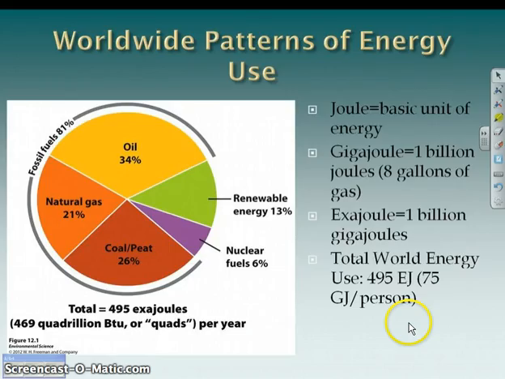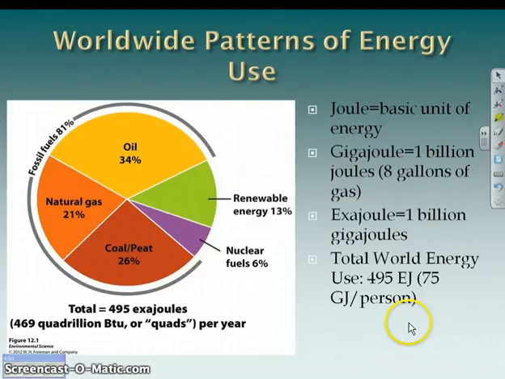So if we first talk about worldwide patterns of energy use, just as a quick refresher, going all the way back to freshman year general science, our basic unit of energy is the joule. And in terms of our prefixes, a gigajoule is 1 billion joules. About 8 gallons of gas has the equivalent of about 1 gigajoule. And if we go even larger than that, an exajoule is 1 billion gigajoules.